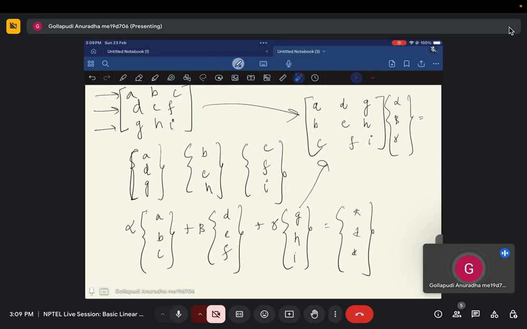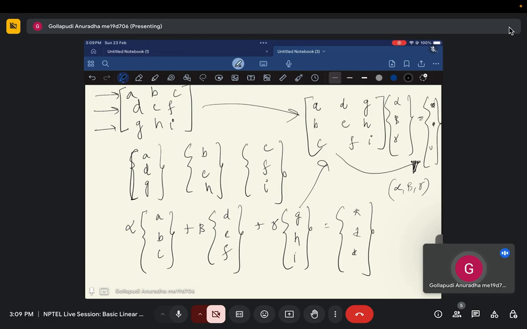It's non-singular. So some values I'm going to have here in the column space, and because this is a full rank matrix, I can easily get the inverse on either side. So alpha, beta, gamma are unique here, and we can find unique alpha, beta, gamma values for any vector in the column space.